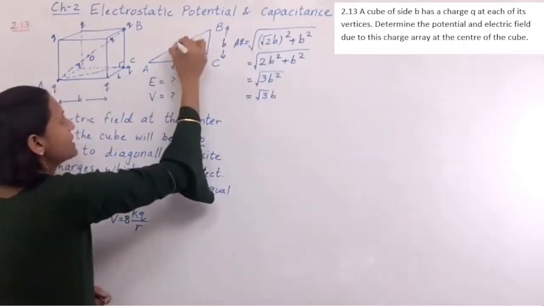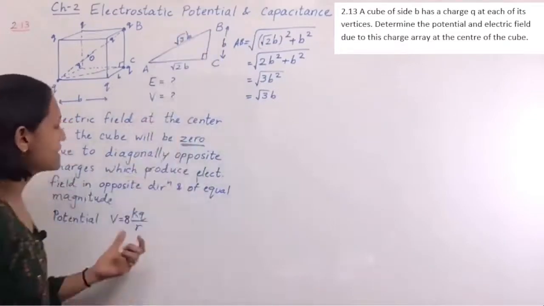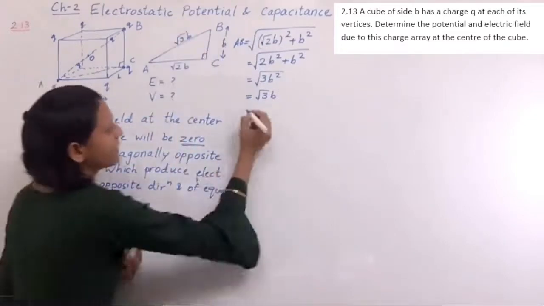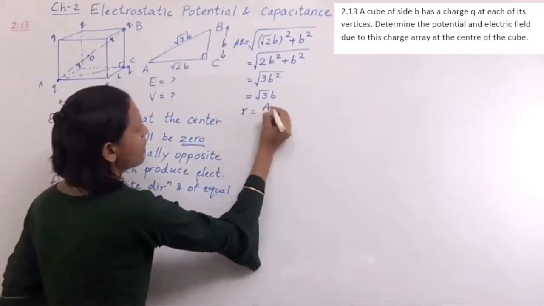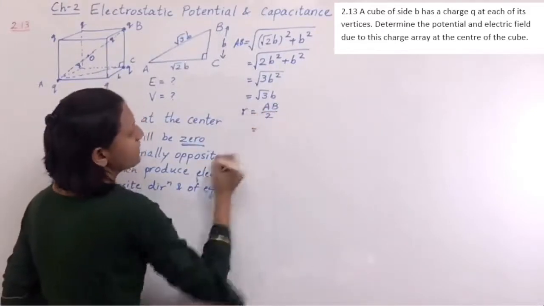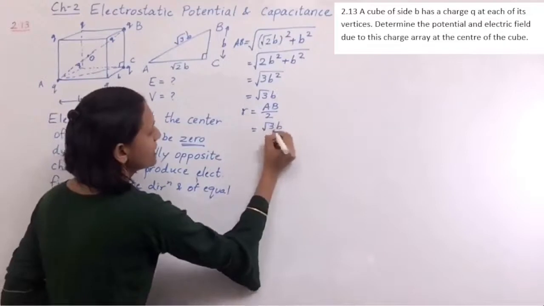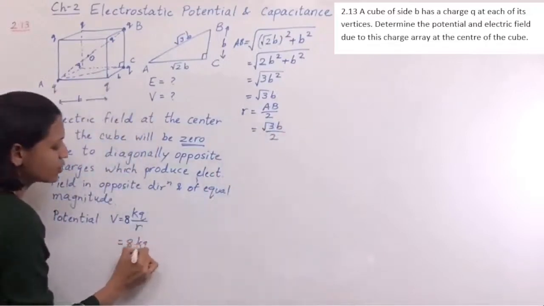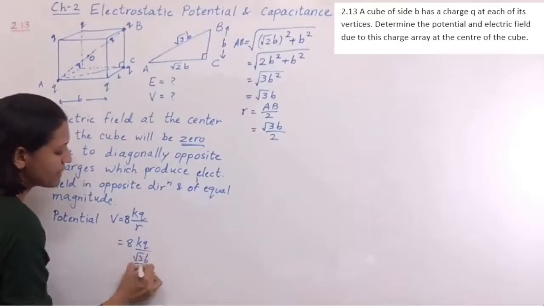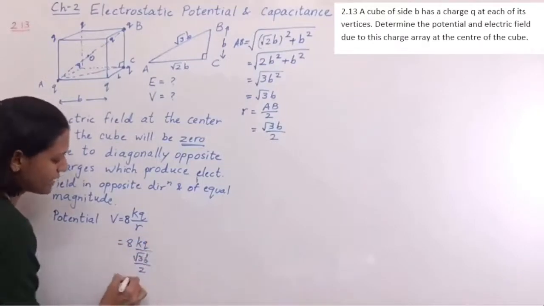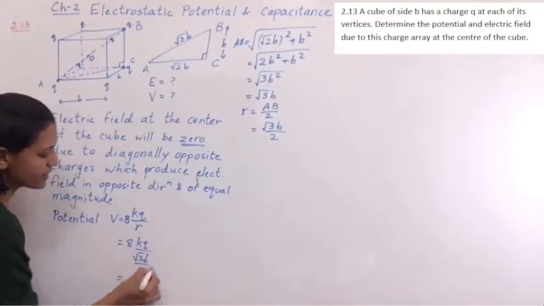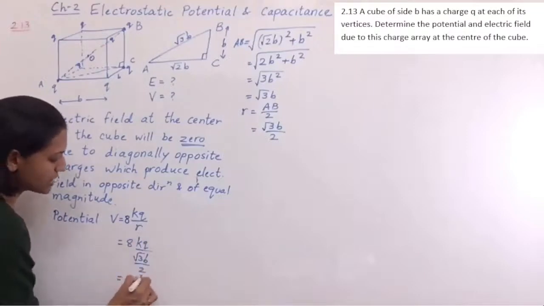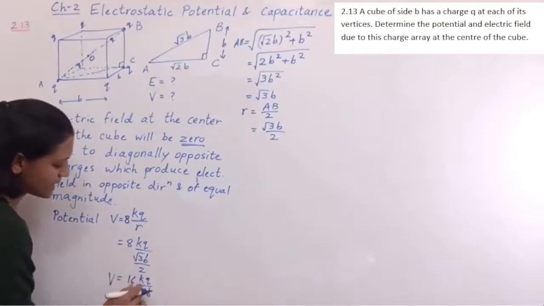AB is root 3 b, but we are interested in finding r. r is half of AB, so that will be root 3 b by 2. So here we will write 8kq by (root 3 b by 2). So the final answer, denominator goes to the numerator, is 16kq by root 3 b, the answer for potential at the center.